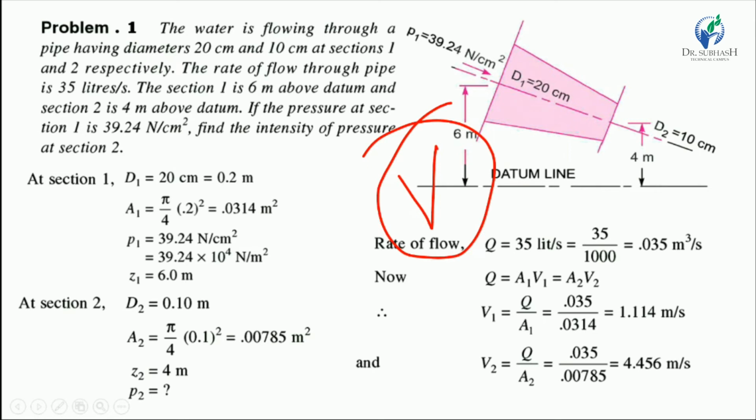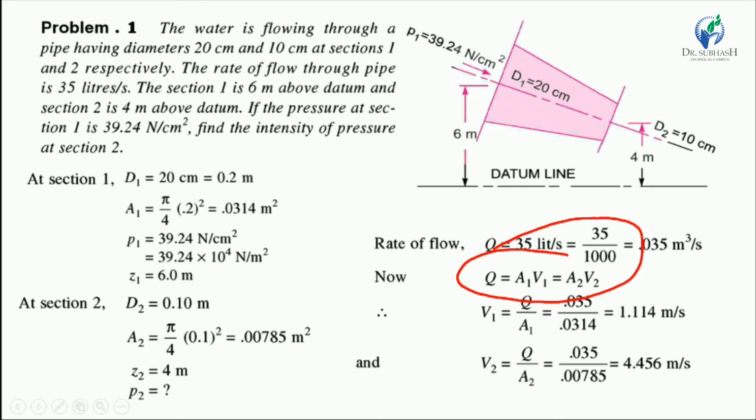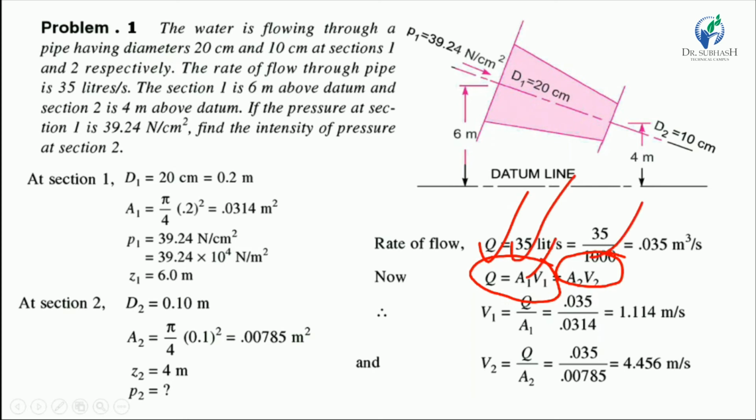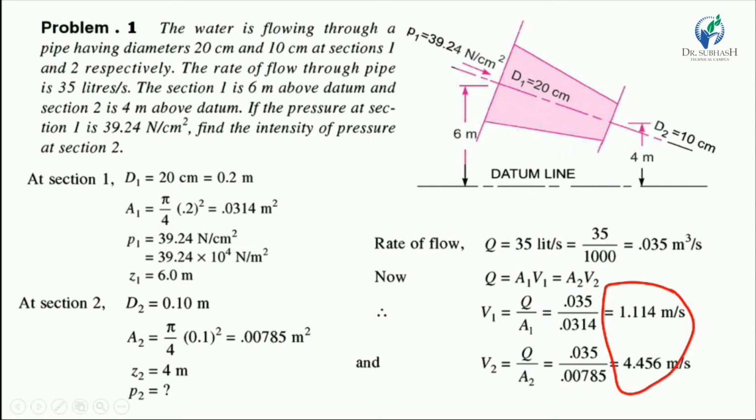So first we will find out V1 and V2, the velocity at section 1 and section 2, from the equation of discharge. Q is equal to A1 V1 and Q is equal to A2 V2. We have the discharge value and cross section areas, so we can get V1 and V2.